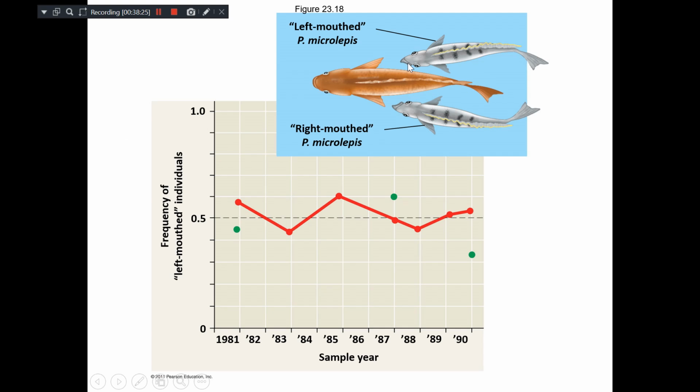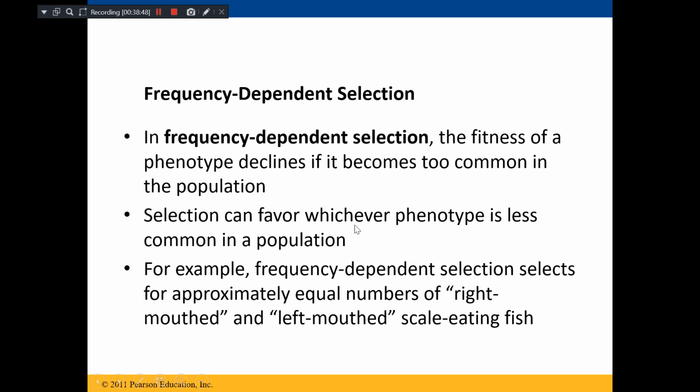This is the left mouth and this is the right mouth. Just observe the mouth. These two types are very common, so they have almost equal numbers. Sometimes this is more, sometimes this is less, more, less. So almost the same. Equal number of right and left mouth ones.